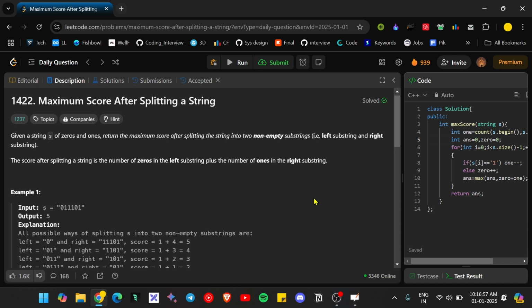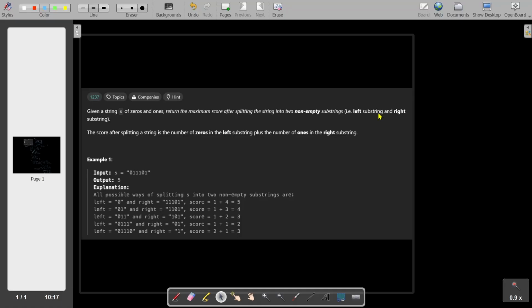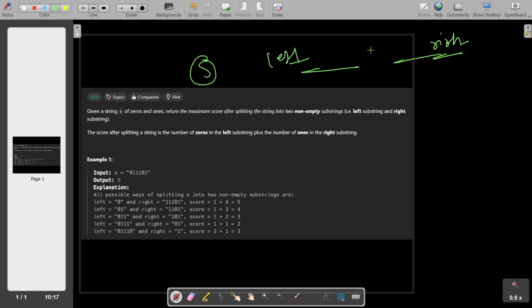In this problem, we are given a string S consisting of 0s and 1s, and we need to return the maximum score after splitting the string into two non-empty substrings, a left substring and a right substring.